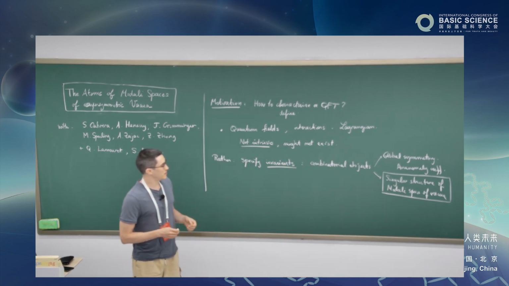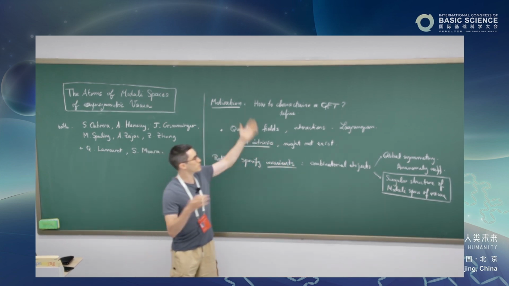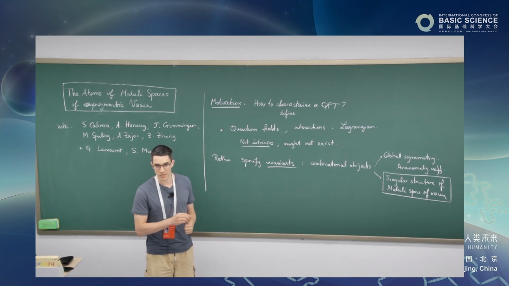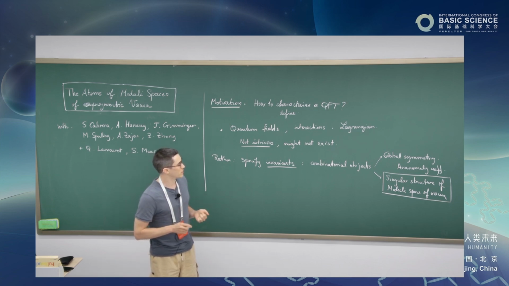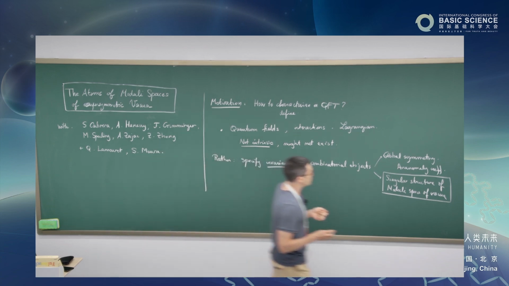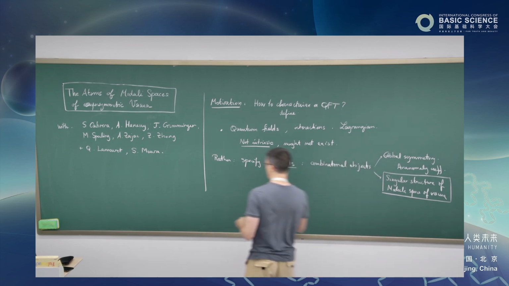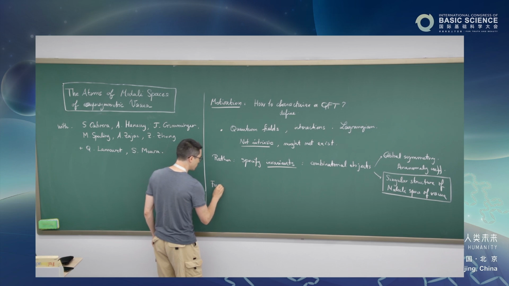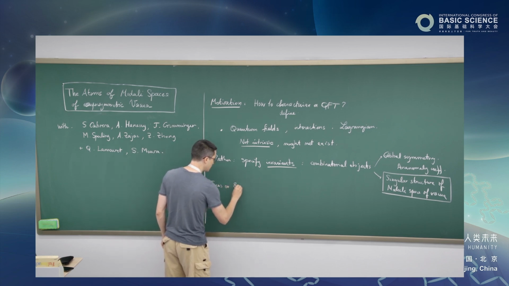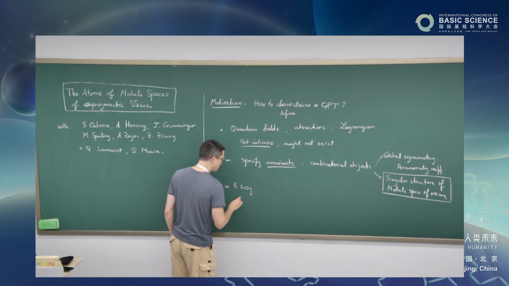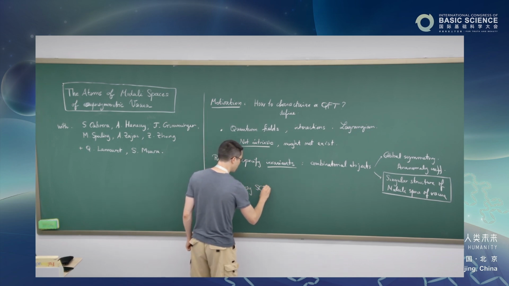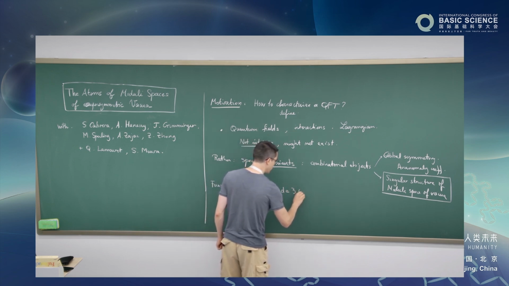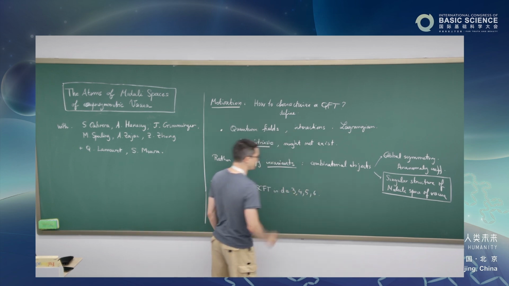So the first thing is that I will restrict my attention not to the most generic QFT, but to a particular class with supersymmetry, and I will even impose conformal invariance. So from now on, I will focus on 8 supercharge superconformal field theories in dimension 3, 4, 5, and 6.